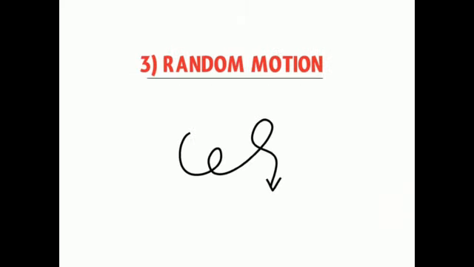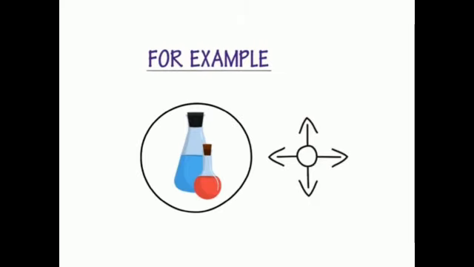While random motion is that type of motion which has no specific direction and no specific time. It means that an object will move either towards east or west or north or south. It may move in any direction at any time. So this type of uncertain situation of motion is known as random motion.